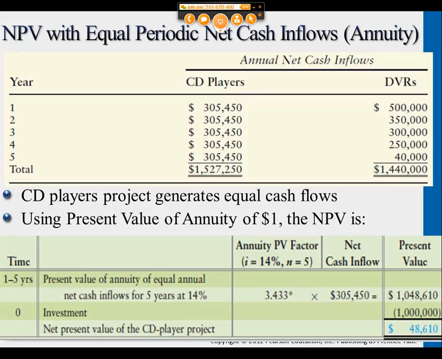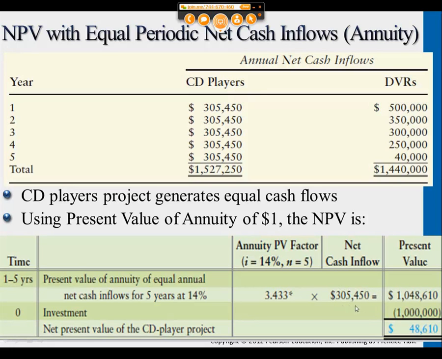We have 1 to 5 years, so we'll identify our time period on the left, and then see how we calculate the present value of annuity of those payments. We know that it's 5 years at 14%. I'm going to use my table to find that. We've learned how to use that already.